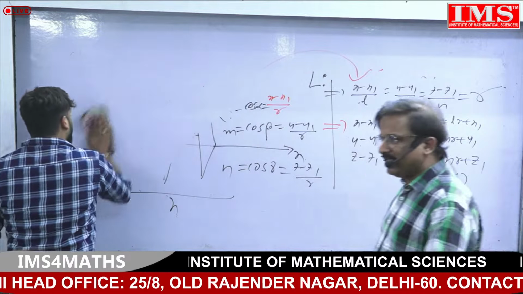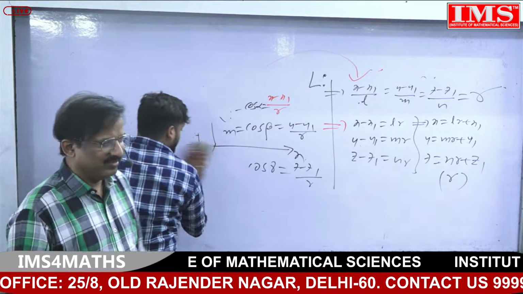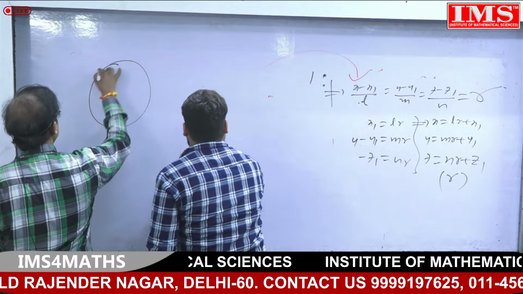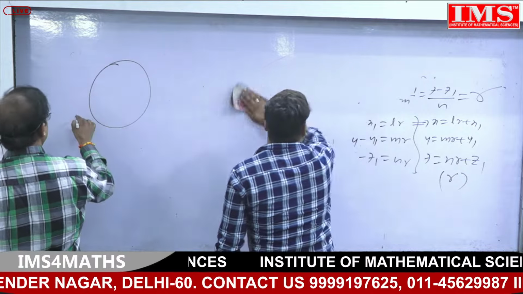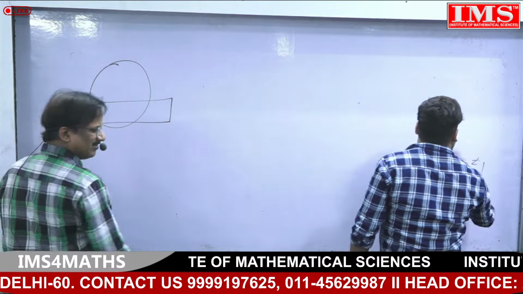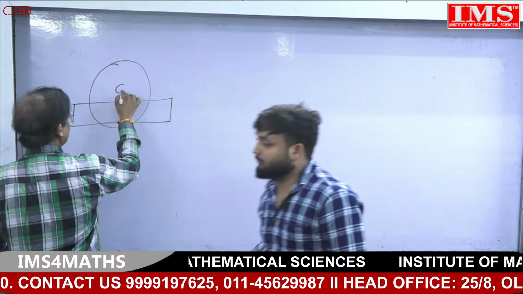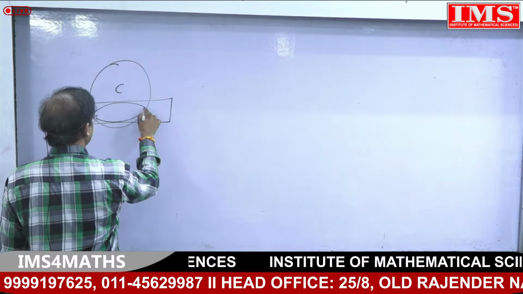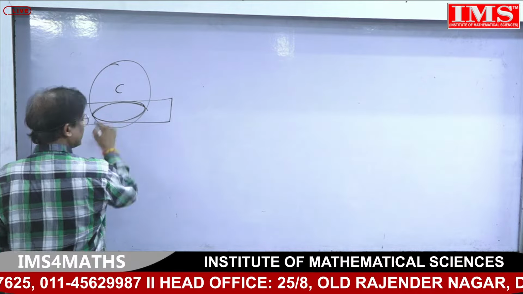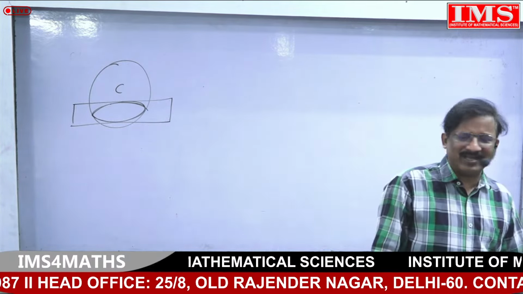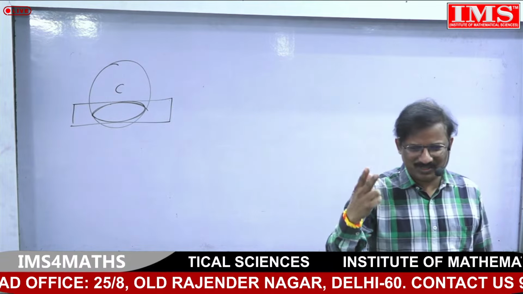If a plane cuts a sphere, isn't it? A sphere with center somewhere here. If a plane cuts a sphere, you will get a circle. Is a circle represented by one equation or two equations?